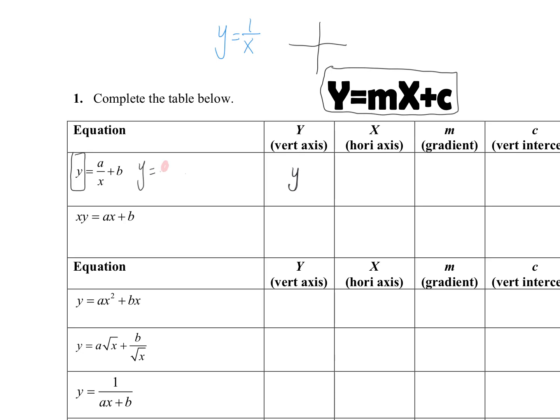So can I split the a from my 1 over x, and then it's plus b. Can you see this is my new x-axis? That means I'm going to change my x-axis to 1 over x. Okay, and then my gradient will be given by the value of A, and my y-intercept will be given by the value of B. So in this way, my y-intercept and gradient don't have any variables. It's always a constant.